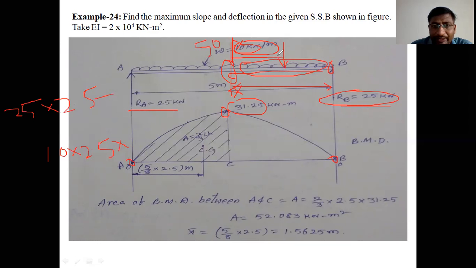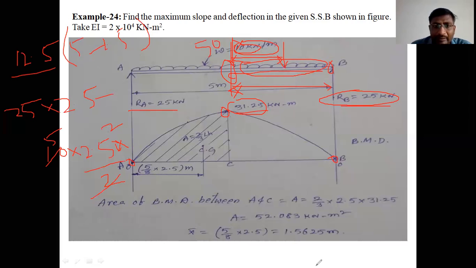From this point to the load concentration point is 2.5 by 2. Therefore, 2.5 whole square by 2. So 25 into 2.5 minus 10 into 2.5 whole square by 2. If you take 5 into 2.5 common, 5 into 2.5 is 12.5. 12.5 common is there. 5 minus 2.5 is 2.5. So 12.5 into 2.5 is 31.25.